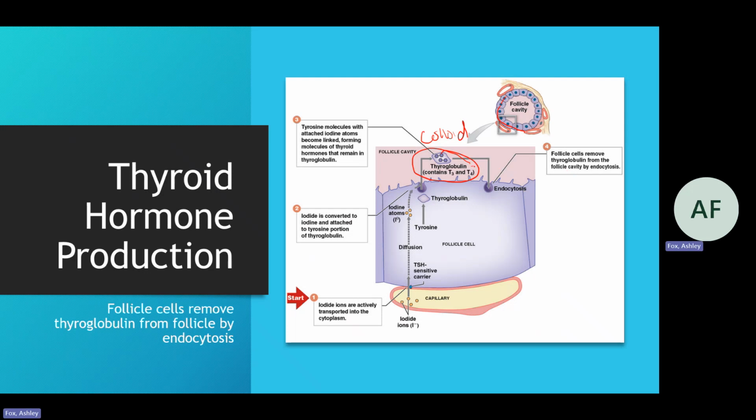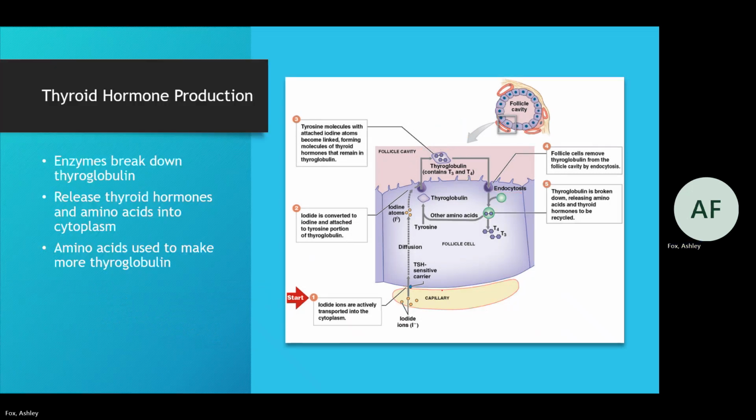So it's going to take the thyroglobulin back inside the cell by endocytosis. Enzymes are going to break down thyroglobulin to make the thyroid hormones, be those released, and then everything else from the thyroglobulin is going to be recycled to make it again, so you can have it again.